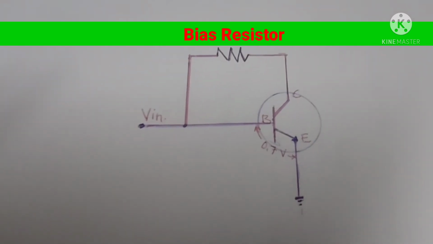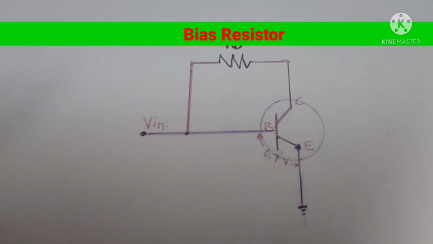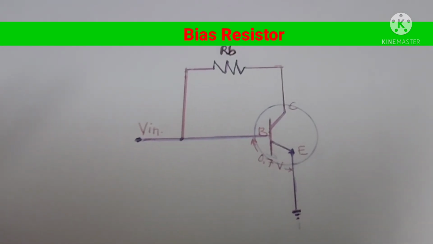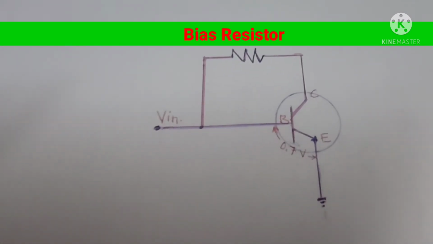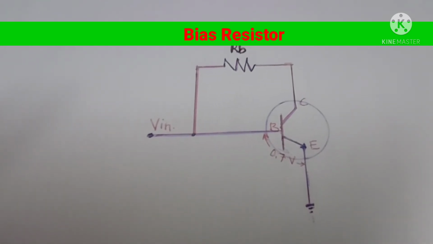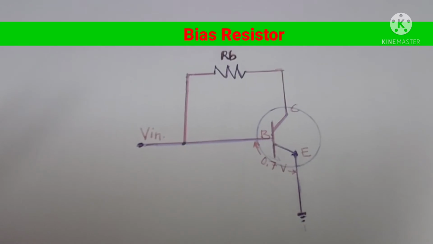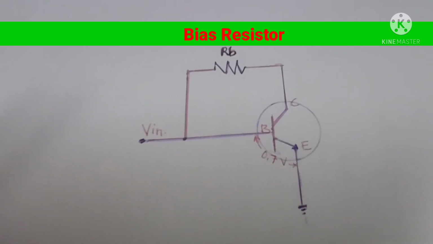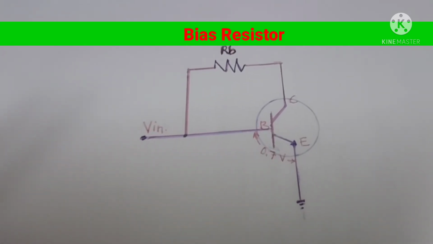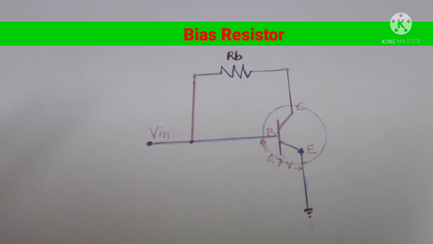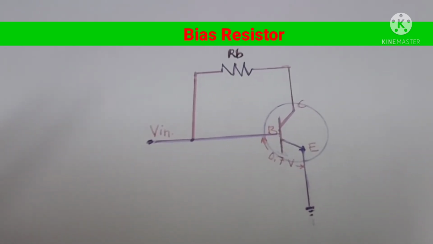This is a circuit of a bias resistor. Self-biasing resistor or feedback configuration. The emitter diode of the transistor is forward biased, with positive voltage base bias.